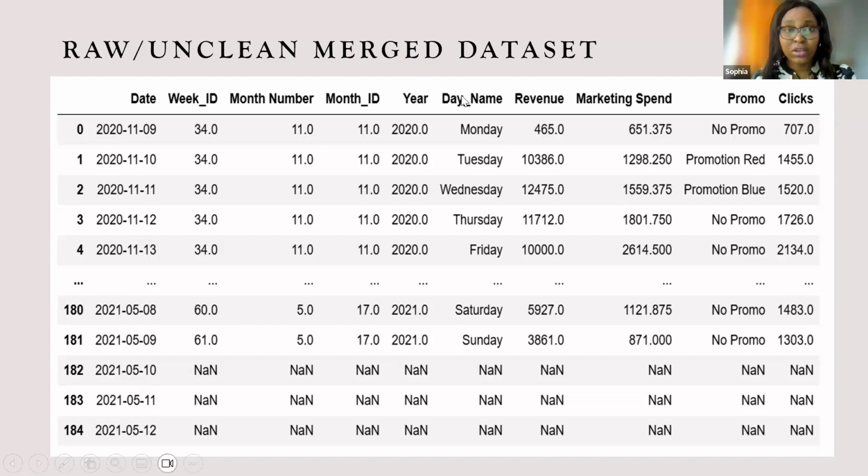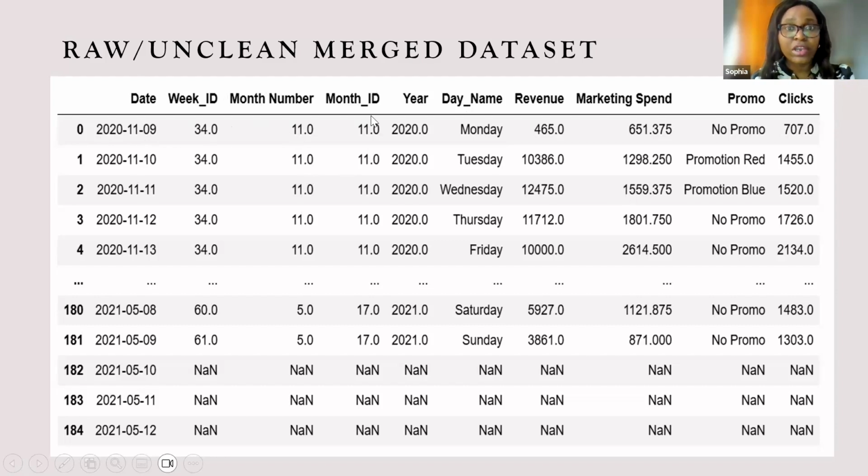So here, this is maybe the date when the promo was carried out, the week ID, the month number when this promo was carried out.